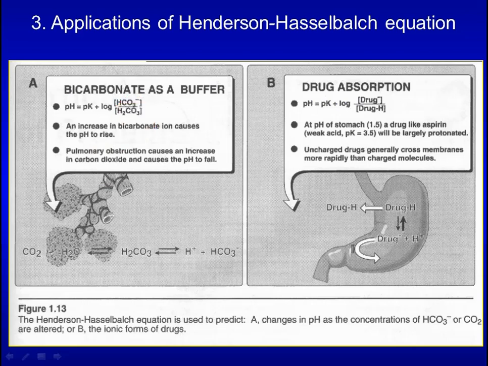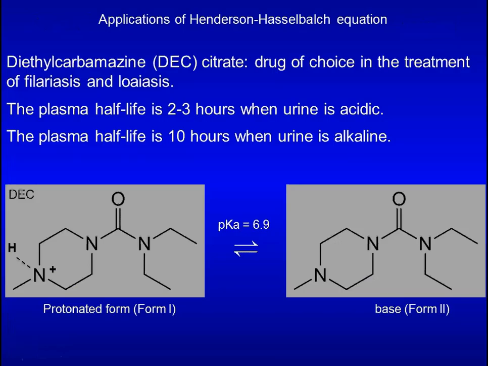For the third example, I'm going to use a specific drug. Diethylcarbamazine is the drug of choice in the treatment of parasite infection. This drug contains nitrogen. In solution, this drug can accept a proton and become positively charged.